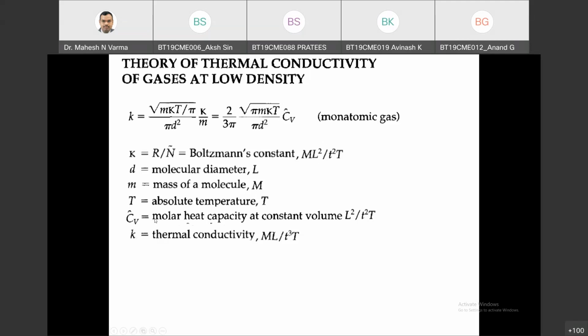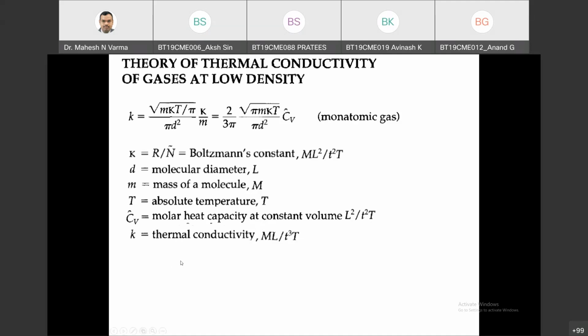This is molar heat capacity at constant volume. Sometimes heat capacity is on a mass basis, so it all depends upon the nomenclature wherever it is given. That is what I am telling you: whenever you are discussing any parameter, units are very important.